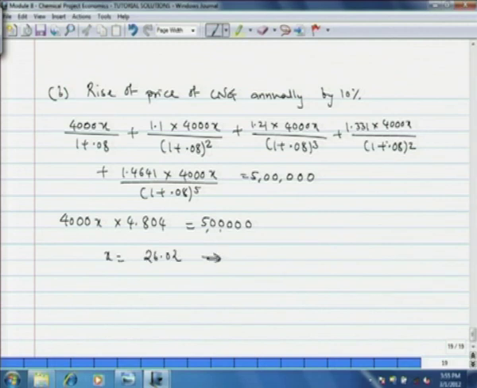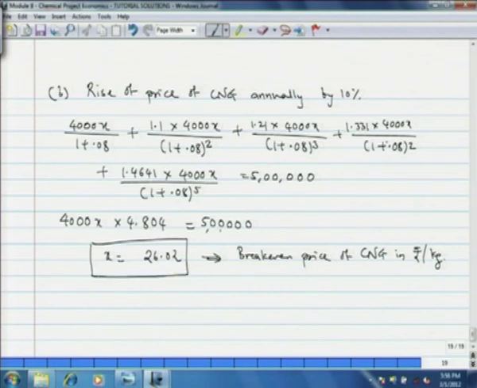So this is the break even price of CNG in rupees per kg. So if the prices of CNG are expected to rise, then we save more, and therefore the break even price comes down to 26. That means the system is profitable if the prices of CNG are more than the break even price.